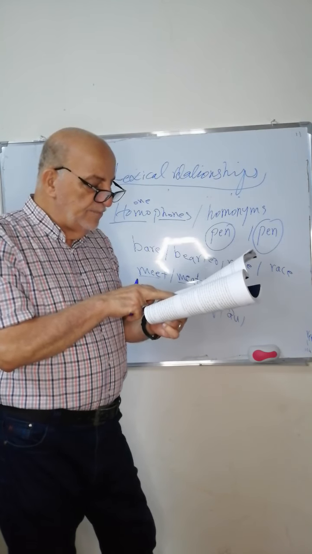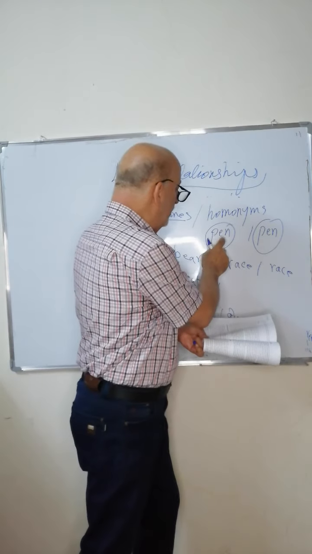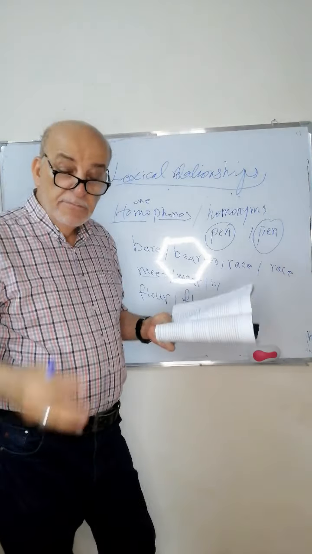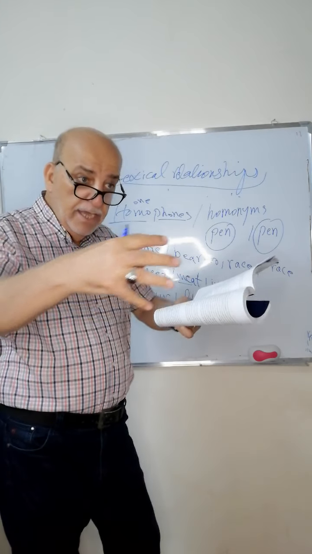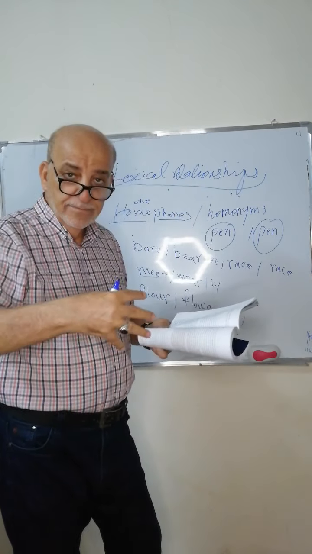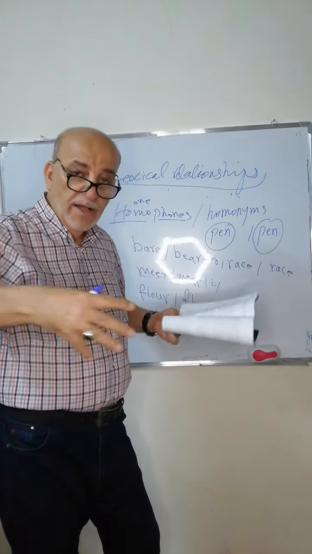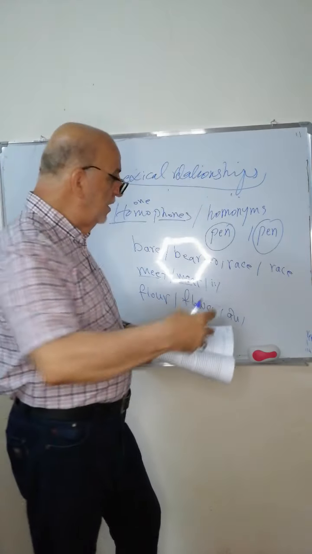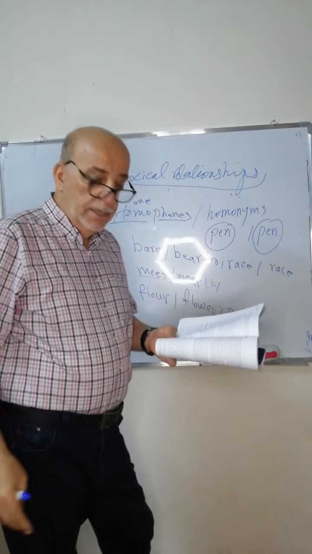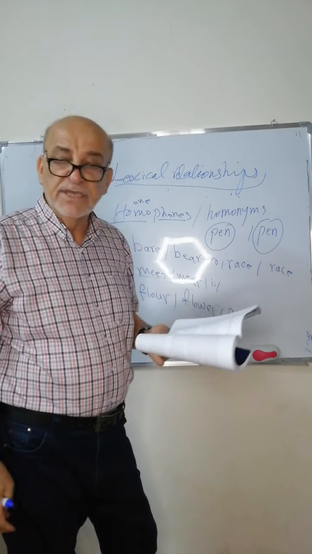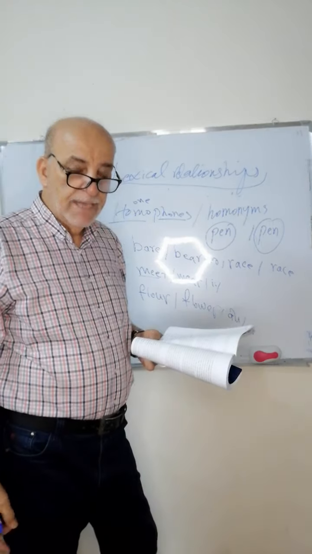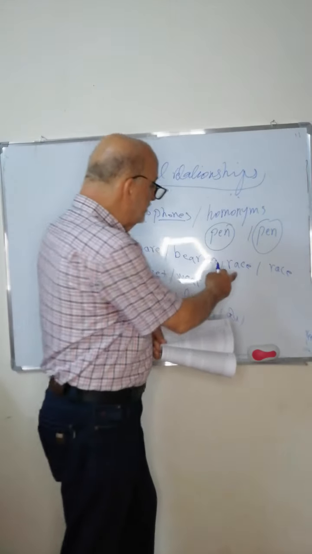Pen, as he says here, pen, writing instrument. Pen is an enclosed area. So there is a different enclosed area, منطقة مغلقة محاطة مسيجة. Here pen as writing instrument, قلم. Now what about race?